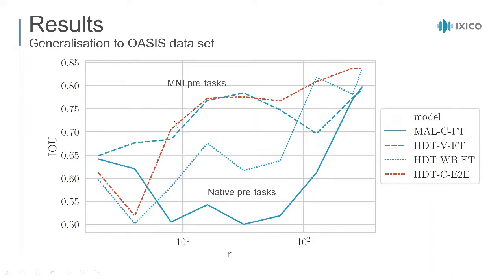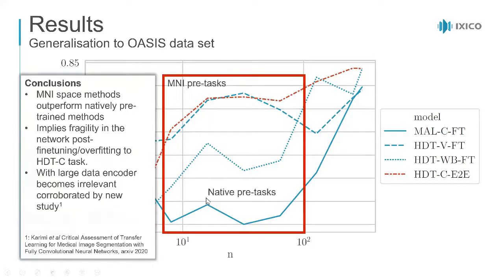When we go to a completely unseen data set, the model trained only in MNI space is performing better, and the OASIS dataset is in MNI space, to say here. Whereas the models pre-trained on the native space are performing no better than random until we have at least 100 brains in our fine-tuning dataset.